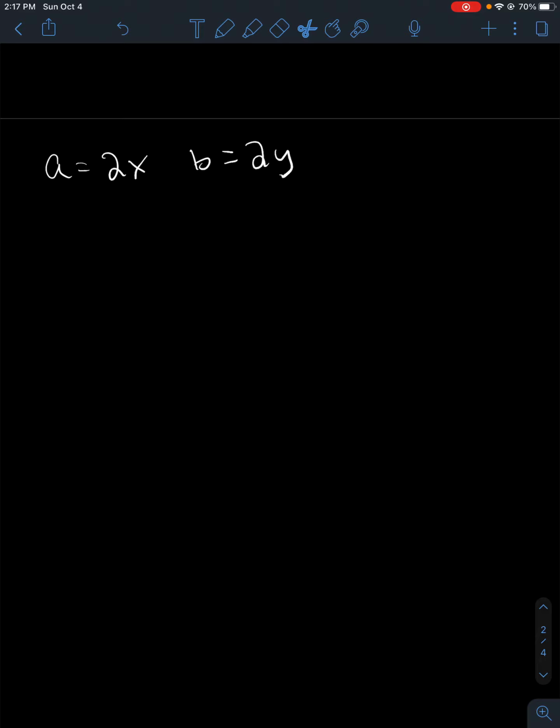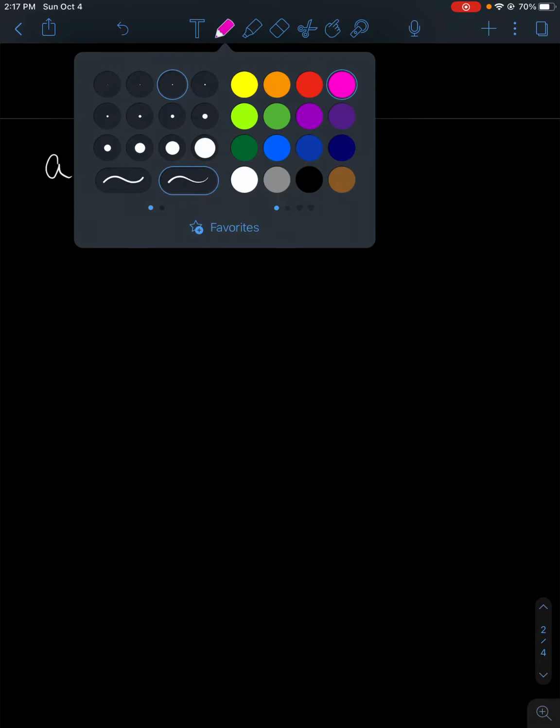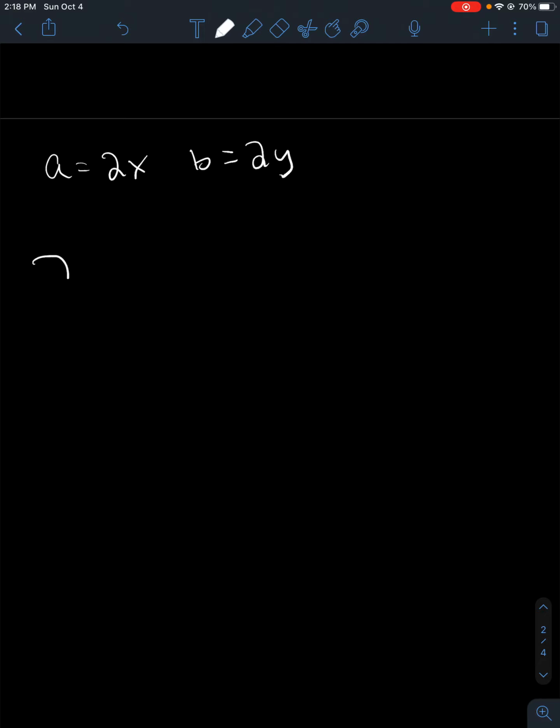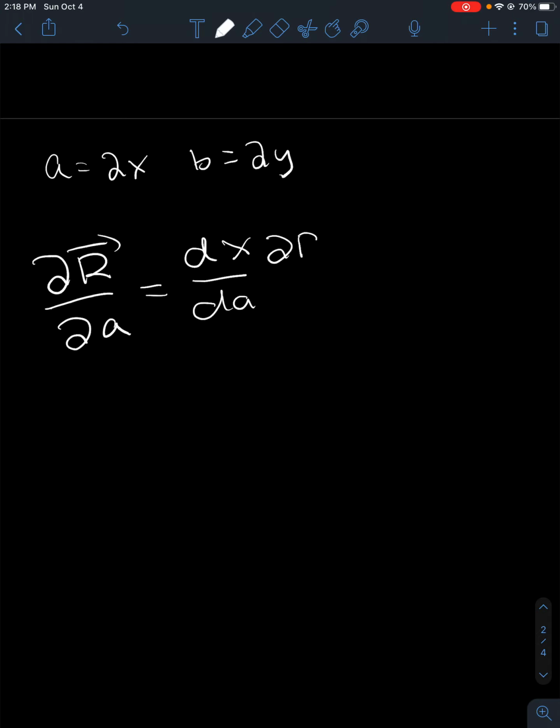So A equals 2x, B equals 2y. How do we transform from the x and y basis vectors to the AB vectors? How do we transform from the Cartesian vectors to the AB vectors? Well, we use the multivariable chain rule. Partial A vector equals dx over dA, x vector, plus dy over dA, y vector.